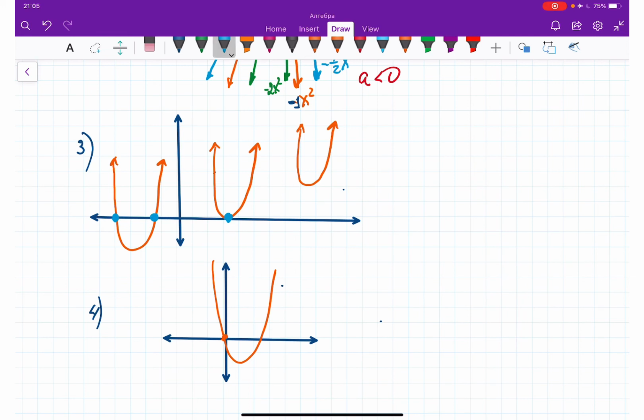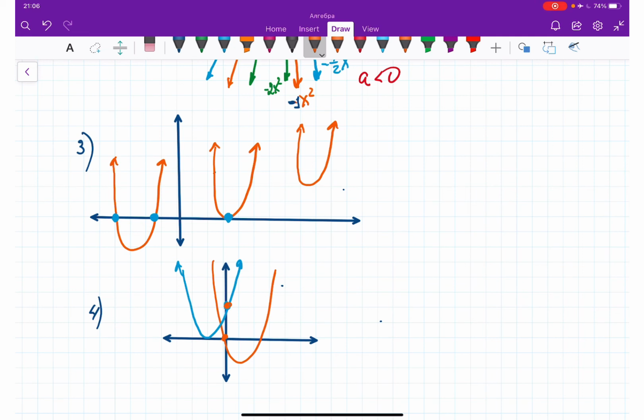Or my graph can go like this. It will have a y-intercept here. Okay? So we need to find also the y-intercept.